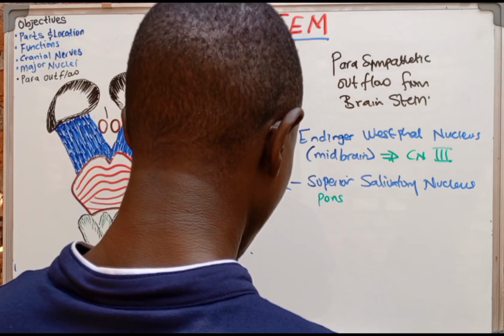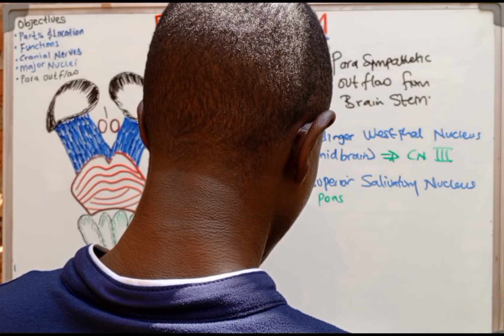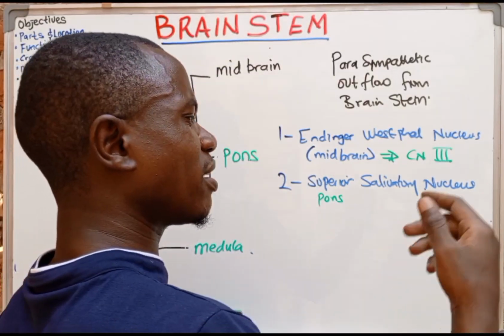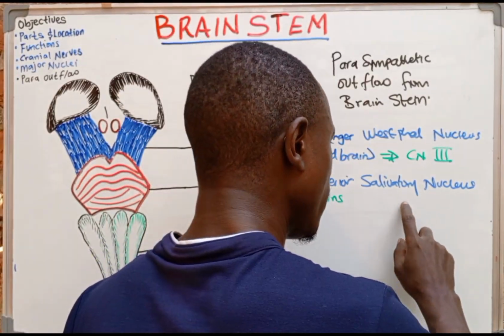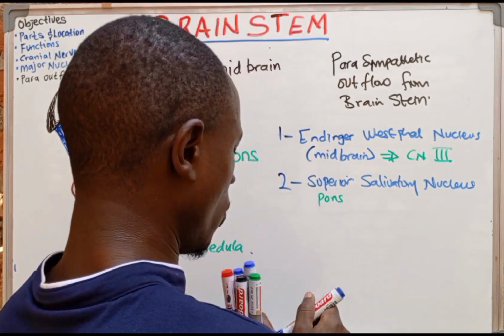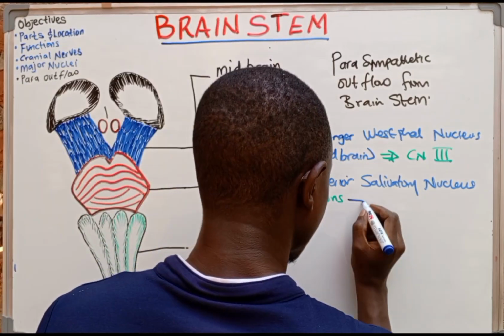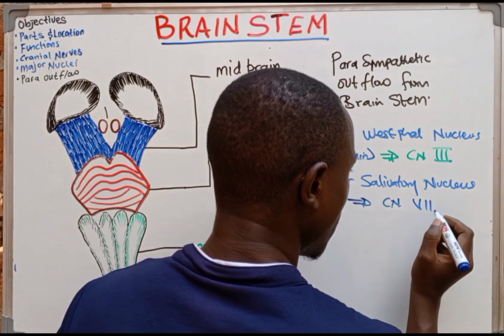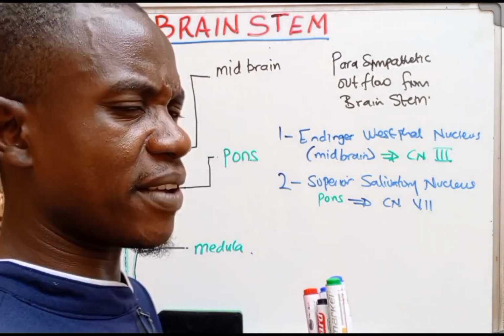Now the parasympathetic fibers moving from this nucleus are going to be moving along with cranial nerve number 7, and that is what we call the facial nerve.